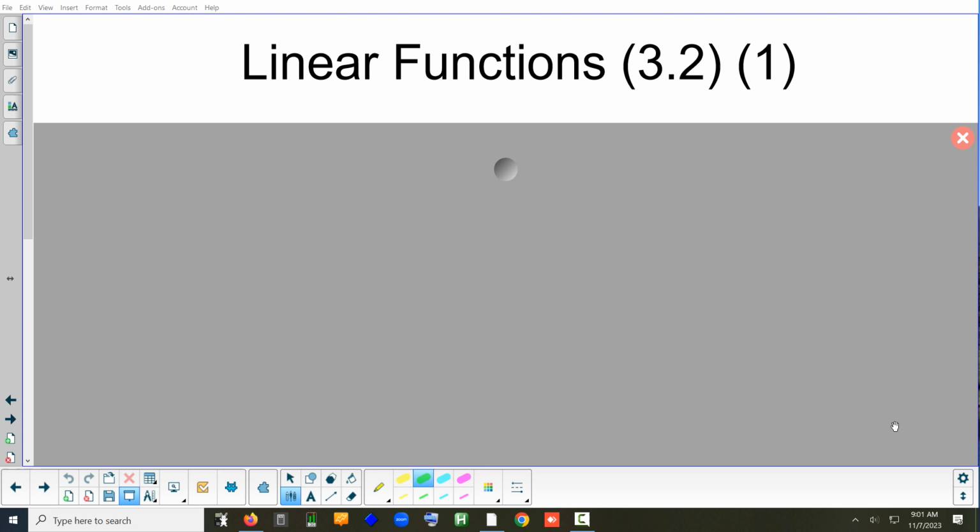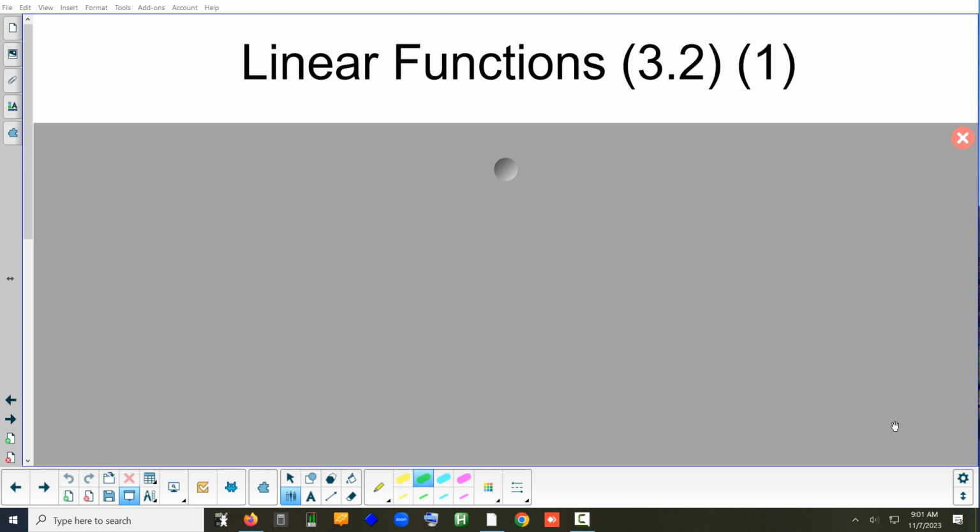What we're going to talk about today is how you can write the equation of a special kind of function called a linear function. Now, when you look at the word linear, does anybody see another word within that word? Line. Right?